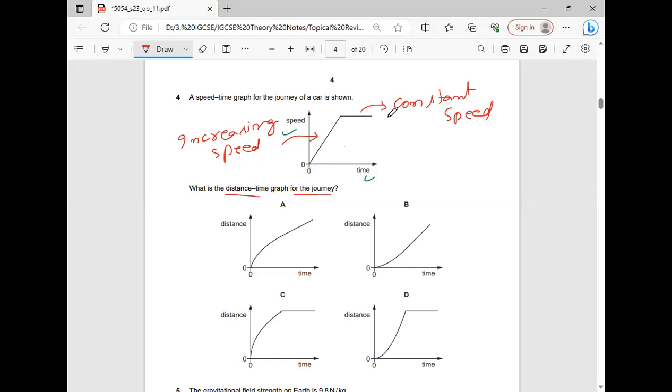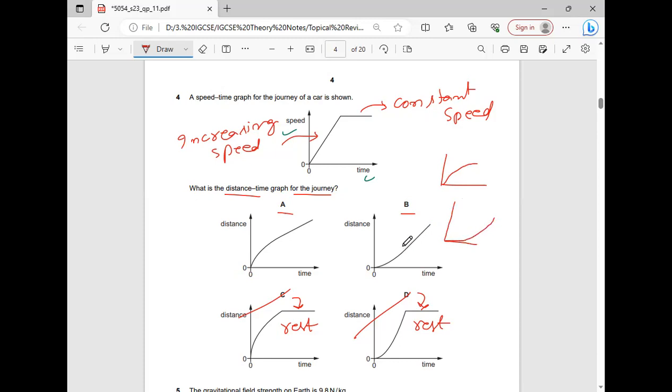Now, since this line in the distance-time graph shows the body is at rest, two options are omitted, option C and option D, since a straight horizontal line in a distance-time graph shows the body is at rest. Now we will compare options A and B. This graph shows the slope of the body decreases and this shows the slope increases.